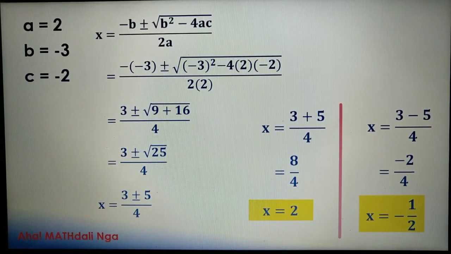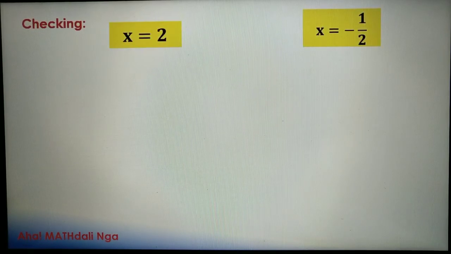This is our second value of the variable x. Let's check if positive 2 and negative 1/2 are the solutions of the given quadratic equation. Let's do checking. Again, the values of x are positive 2 and negative 1/2.